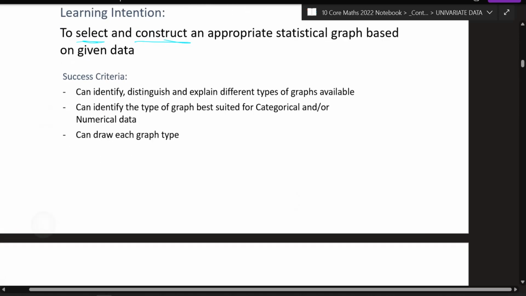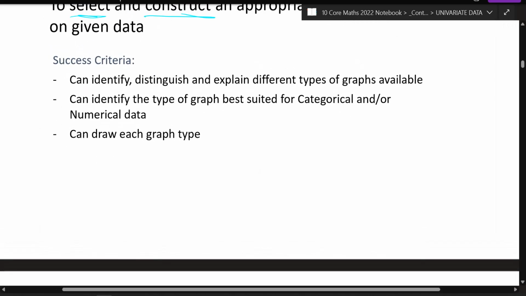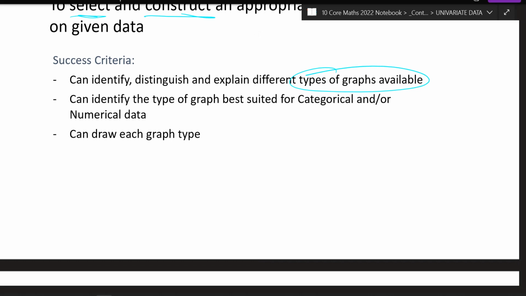In terms of our success criteria, I want you to be able to distinguish and explain the types of graph that you work with, and the types of graph best suited for categorical and numerical data. For now, we're just going to focus on categorical data and how we display data that's describing something that might have an order.